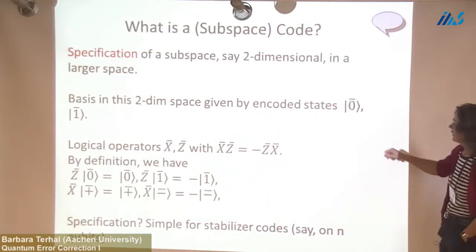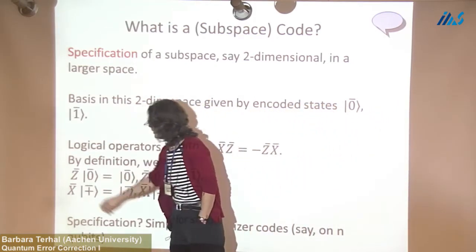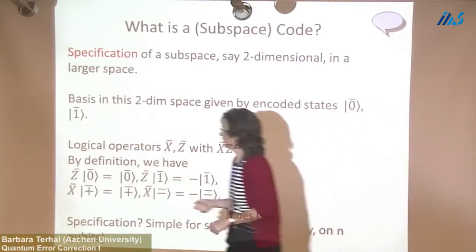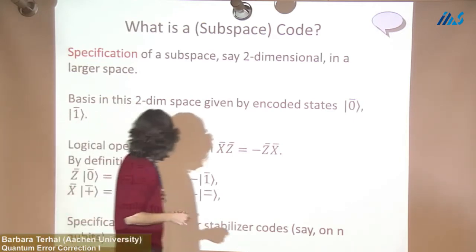So logical Z acts like a Pauli Z operator. Maybe in quantum error correction, you've probably seen this. It's common to denote the three Pauli matrices usually that way, for notational simplicity.